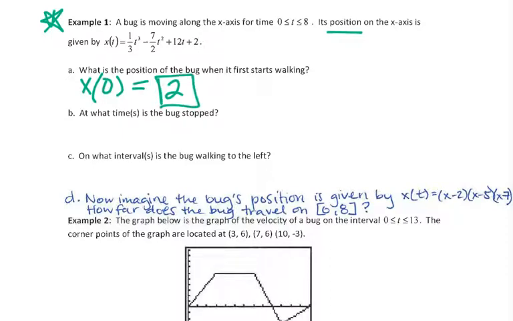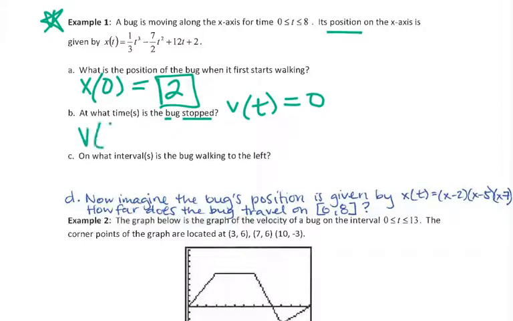At what time is the bug stopped? If you have a calculator, you want to take a look at the overall graph, but the question is the graph of what? Can we tell from the position graph? Well, if we're looking for the bug being stopped, what we want to look for actually is when velocity is equal to 0. So let's take the derivative.